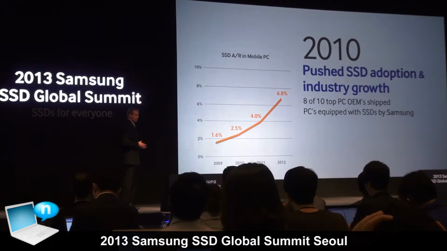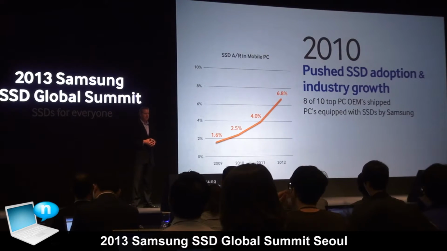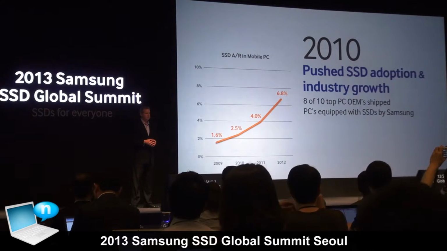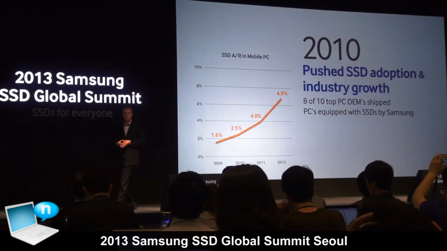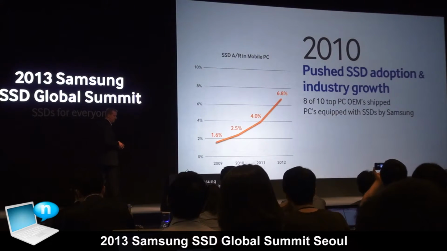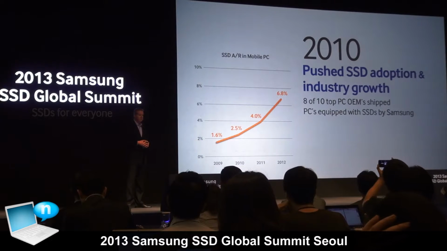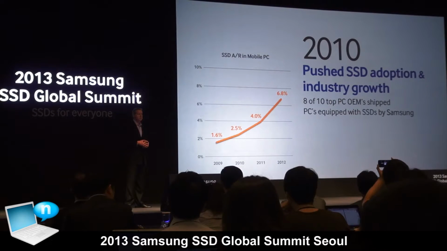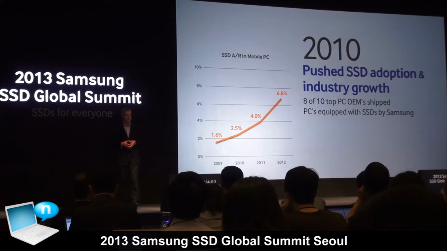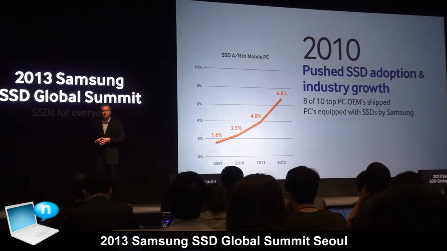2010, let's look at the attach rates. We cracked about 2.5% attach rate in the PC space in 2010. Last year, approaching 7%. So perhaps we can get to double digits in 2013. But in 2010, Samsung had a position on the bill of materials with 8 of the top 10 PC OEMs shipping Samsung SSDs inside.